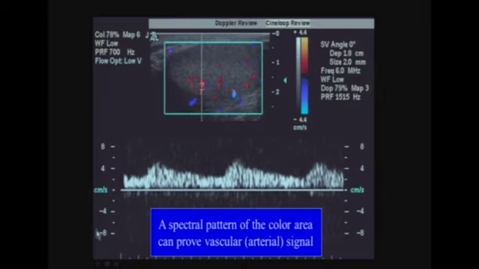A spectral pattern of the color area can prove whether the vessel being analyzed is arterial, as in this spectral pattern, or venous. It is said that with torsion, venous signal is lost before arterial signal, but in reality that seems not to be a problem in diagnosis.